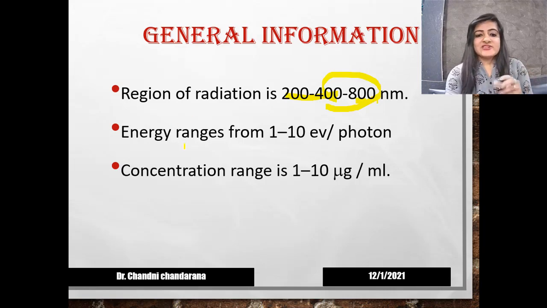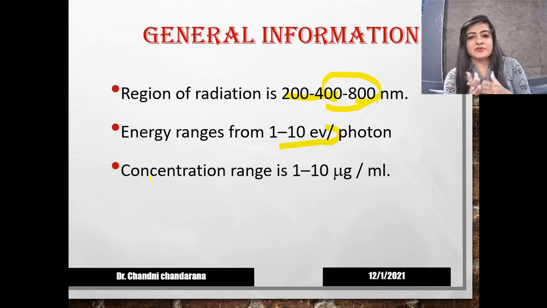Energy ranges from 1 to 10 electron volt per photon. Then the concentration range: here you can take a concentration range of 1 to 10 ppm, or in other words microgram per ml. This is the concentration range; till this you can select.